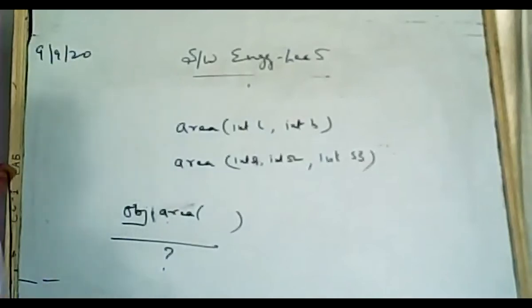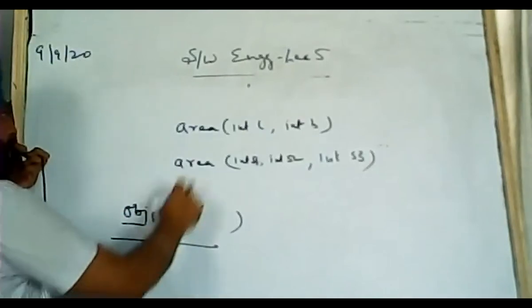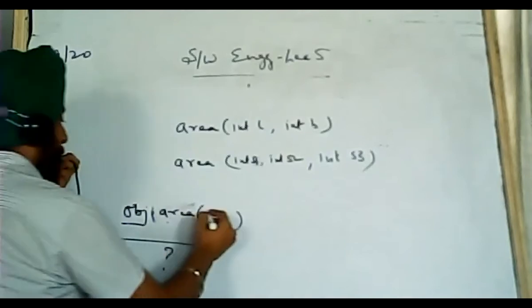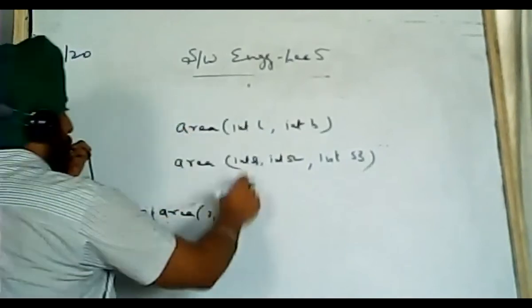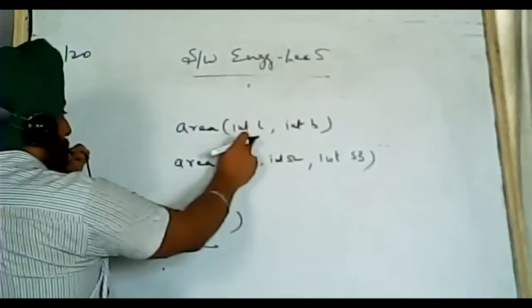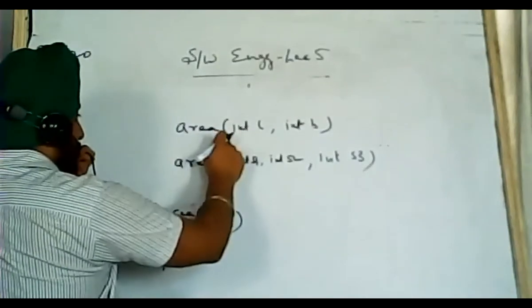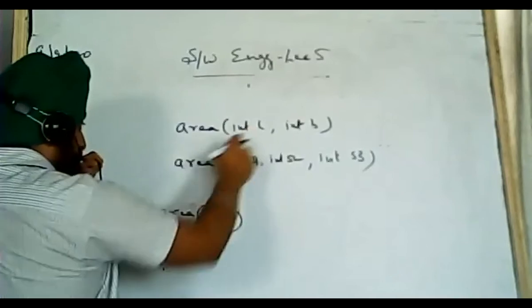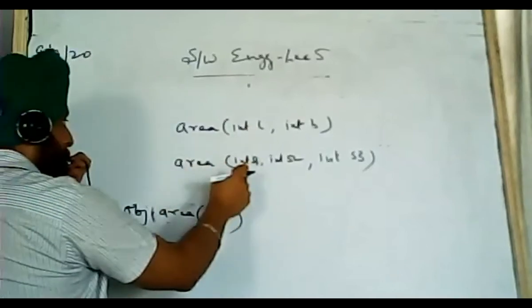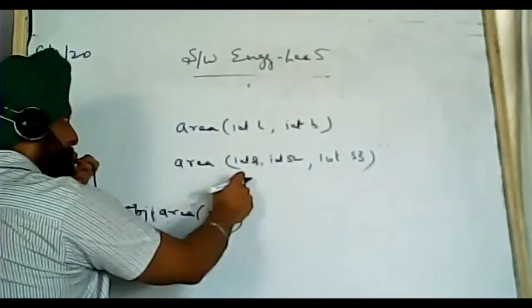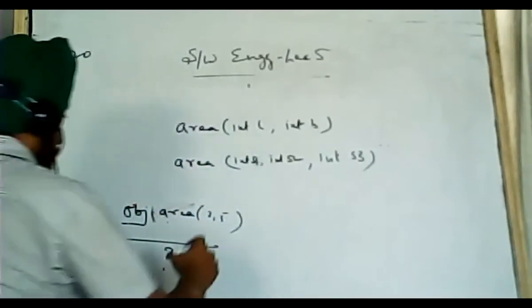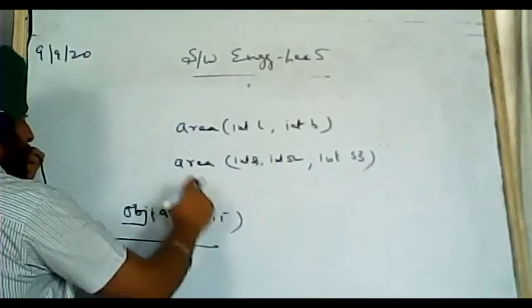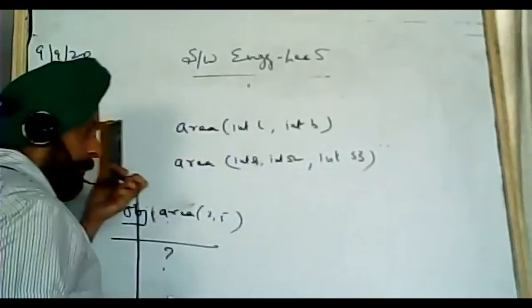If an object calls the function area and sends only 2 and 5, this area has 2 arguments as it finds the area of a rectangle, and the other has 3 arguments as it finds the area of a triangle according to Heron's formula. Two parameters have been found, so obviously the first has been called.